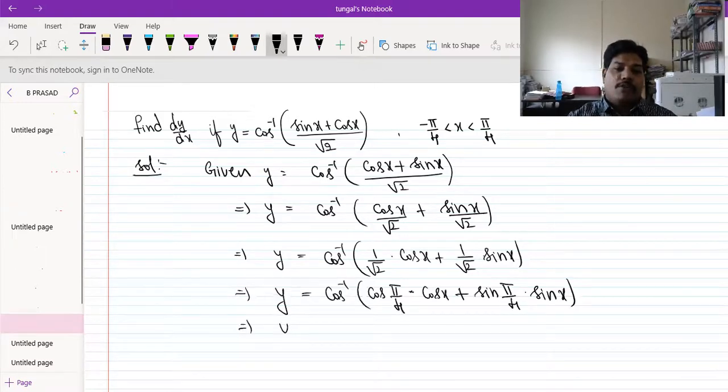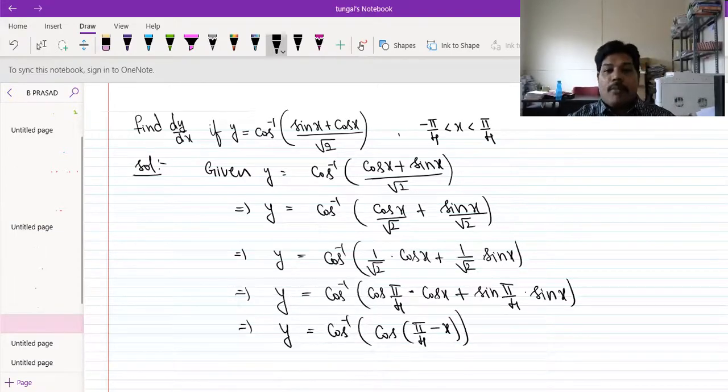So why am I writing in this form? See that formula, students. What is that formula? Cos inverse of cos A cos B plus sin A sin B. That is nothing but cos of A minus B. So cos of A minus B is nothing but cos of pi by 4 minus x.